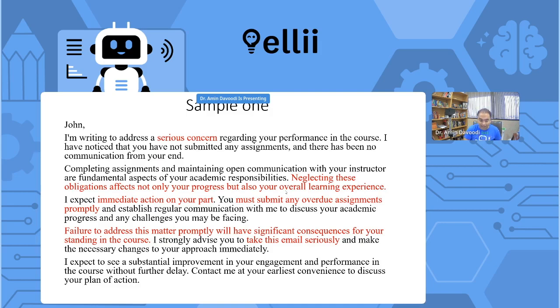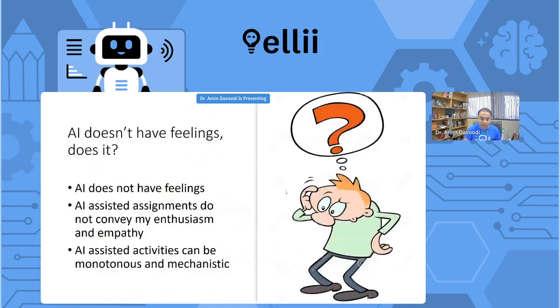So having said that, going back to this question that AI doesn't have feelings, what do we mean by that? Do we mean that it doesn't understand the meaning of love, compassion, kindness? In that case, yes, AI is not a human being. But I think a lot of people, when they say AI doesn't have feeling, they mean that it cannot reflect feelings, which is not necessarily true.